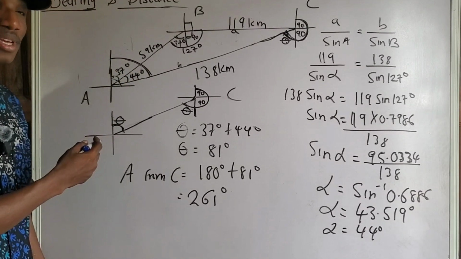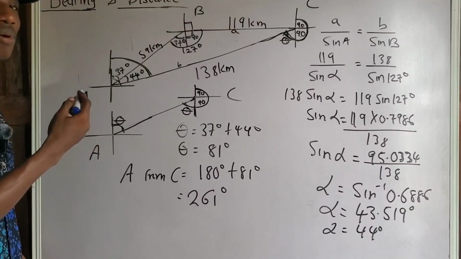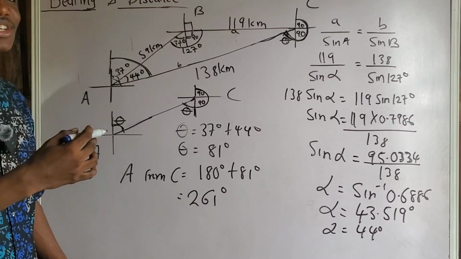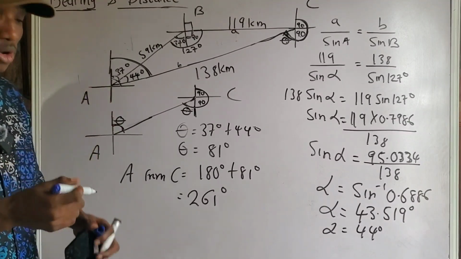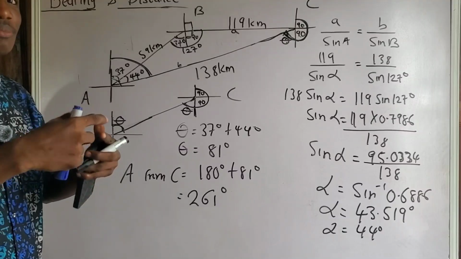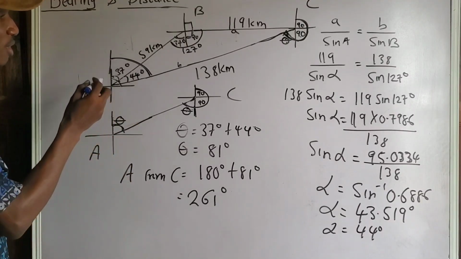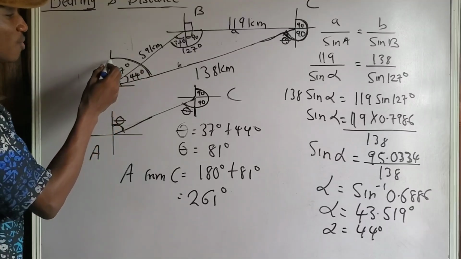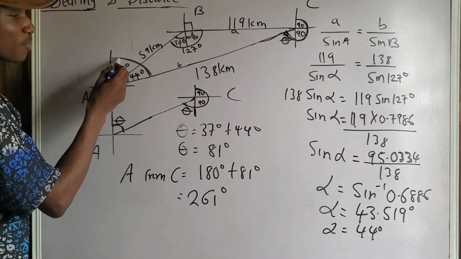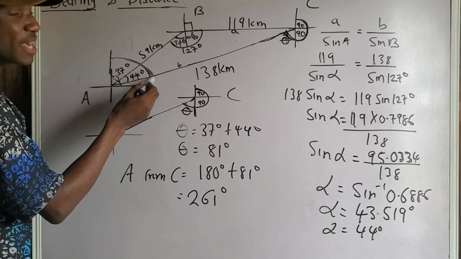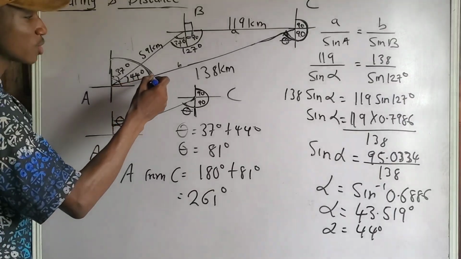In bearing, we are measuring the direction between two points in degrees. So the bearing of C from A will be the sum of the angle that ranges from the North Pole to the line that goes from A to C.